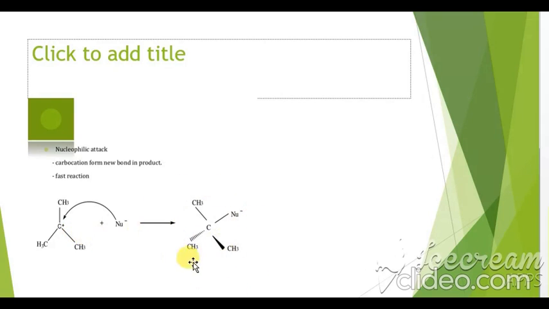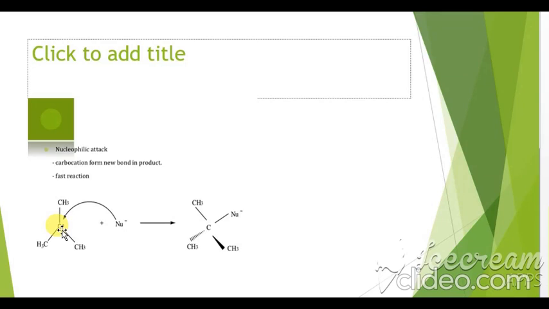This is called retention of configuration. But if it attacks from the other side, the backward side, then the molecule will be inverted.